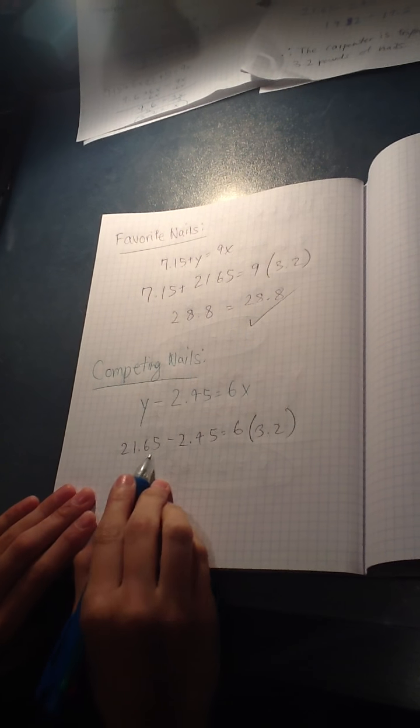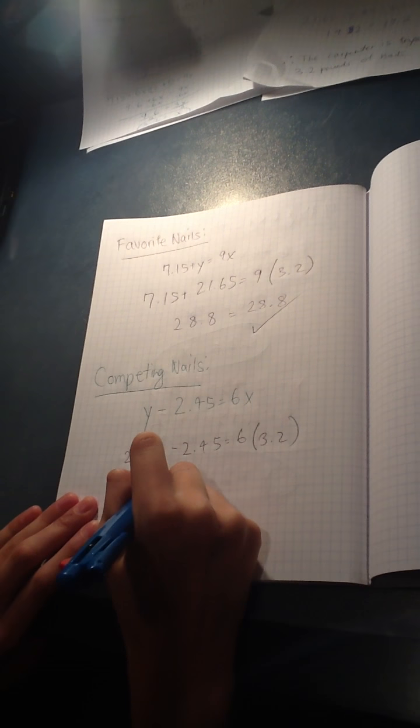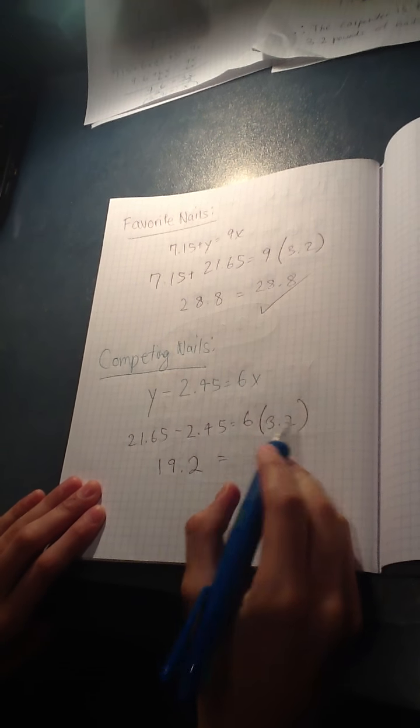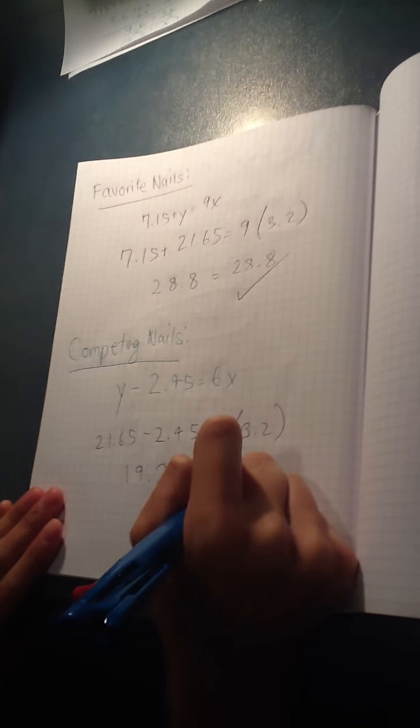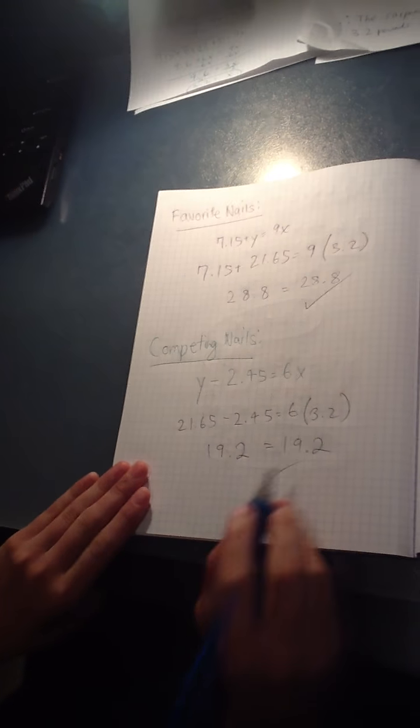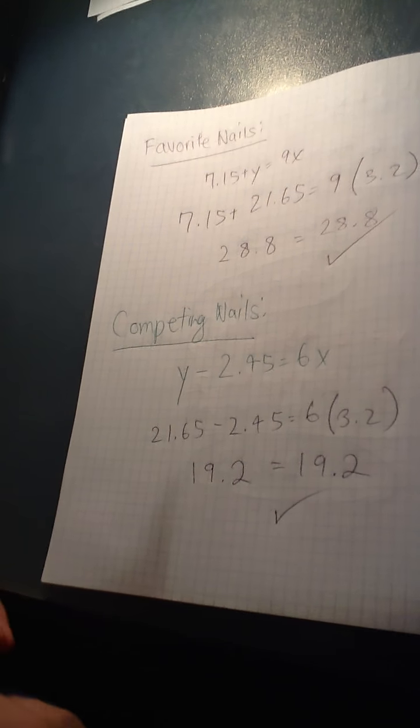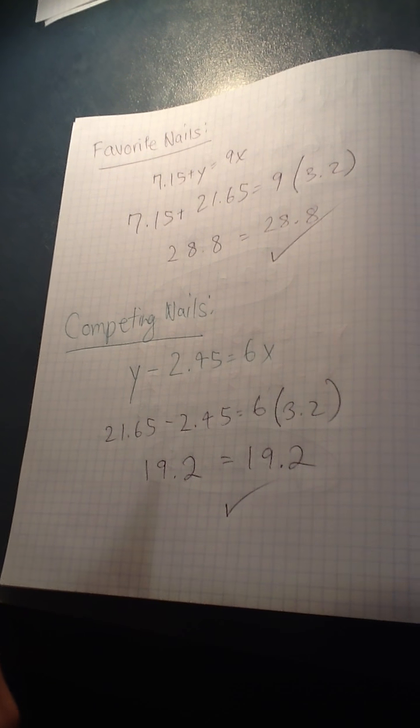Then 21.65 minus 2.45 equals 19.2. And 3.2 multiplied by 6 equals 19.2 also. Therefore, both sides of the equation are equal to each other, and x and y are correct.